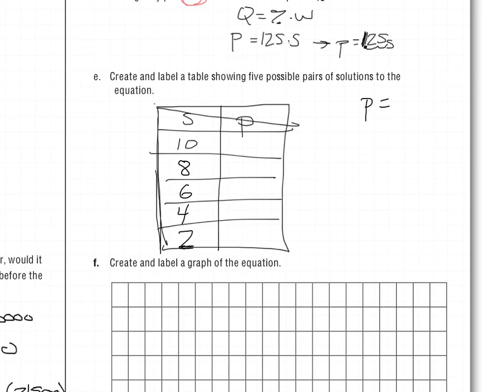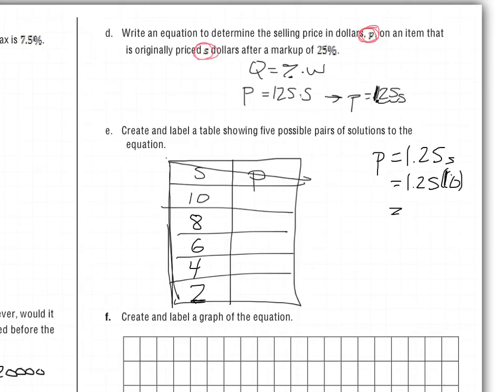P is equal to 1.25 times S. So for the first one, that's 1.25 times 10, and that's going to give me 12.5 or $12.50. And this one's going to give me 10. This one's going to give me $7.50. This one's going to give me $5. And this one's going to give me $2.50.